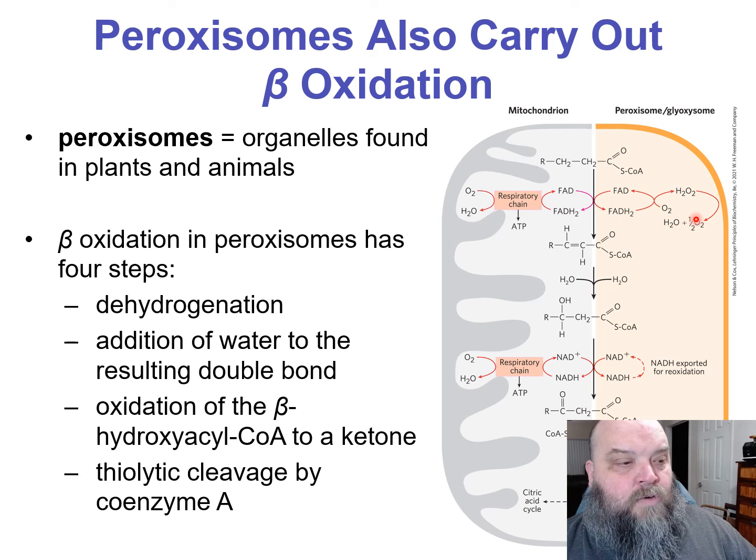There's no electron transport chain, and there is no ATP synthase. What happens in the peroxisomes is that these long-chain fatty acids will be broken down into acetyl-CoA, which is then transported out of the peroxisome and into a mitochondria.